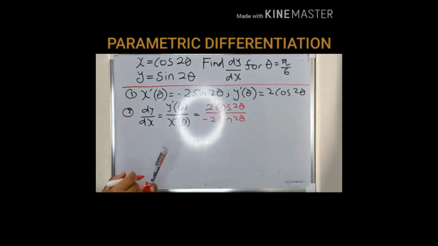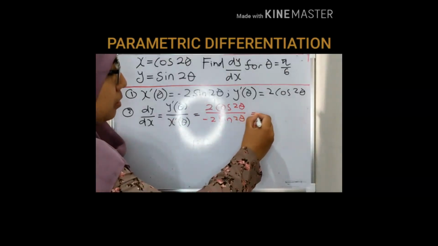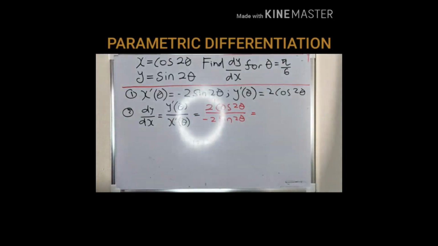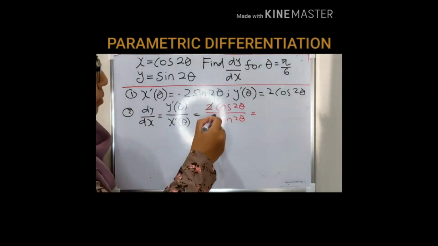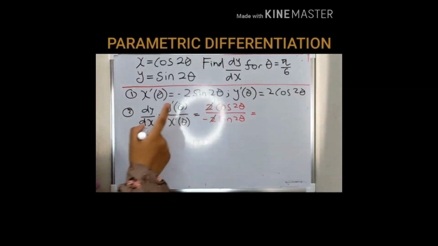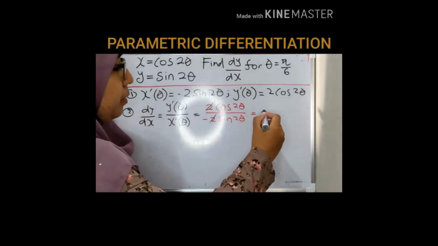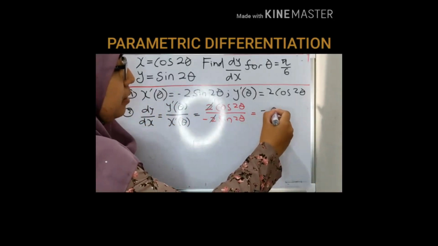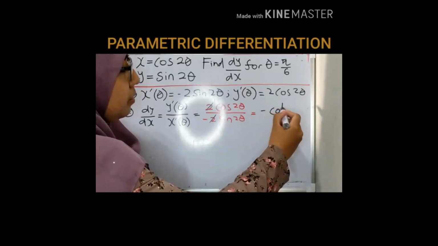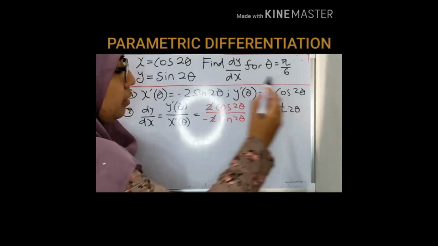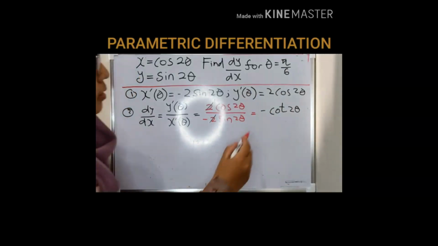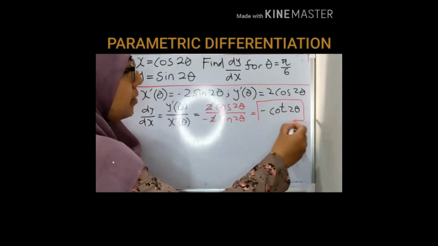Very straightforward. This one you cancel off, so cos over sine will give you cotangent theta. So you will have minus cotangent 2 theta. This is your dy dx.